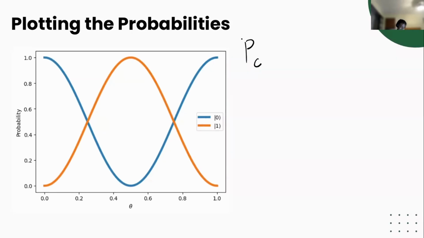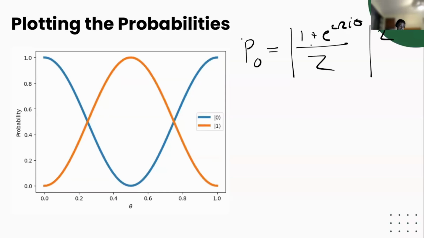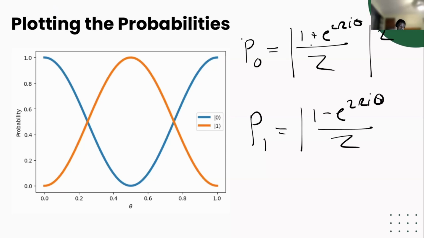P0 is going to be equal to the absolute value of the complex exponential, 1 plus e to the 2 pi i theta over 2, squared. And our P1 is going to be equal to 1 minus e to the 2 pi i theta over 2, squared.